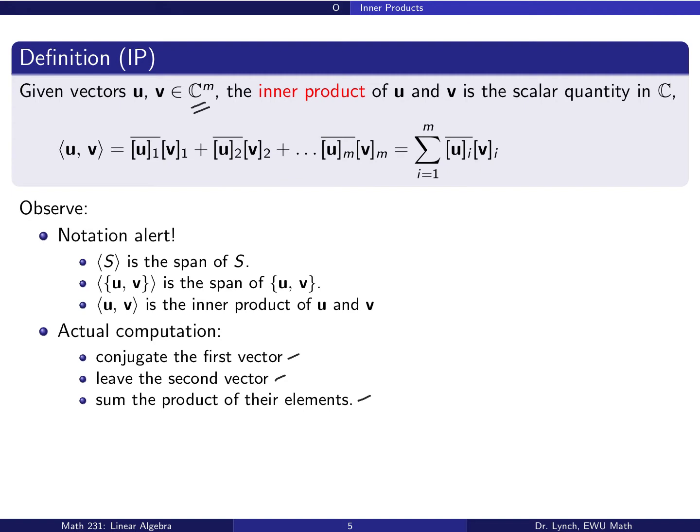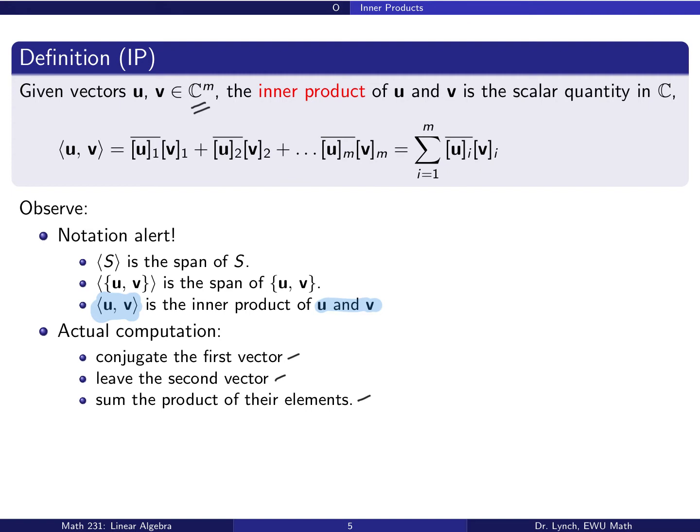Okay, so here our notation for the inner product is a little bit different, right? Inner product u, v doesn't have any squirrely brackets or a set of vectors. Okay, so angle bracket u, v denotes the inner product of u, v. So again, what you do here is conjugate the first, leave the second alone, and sum the products of the elements.